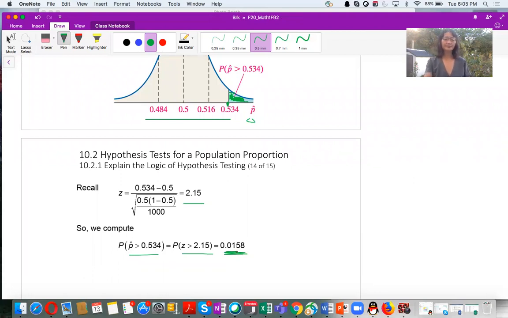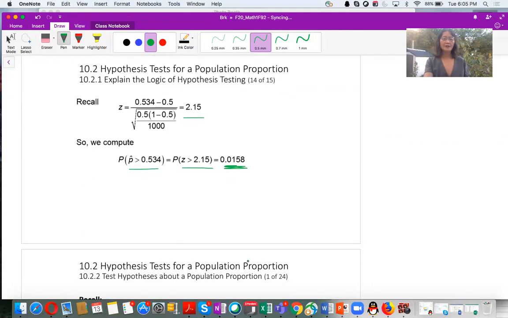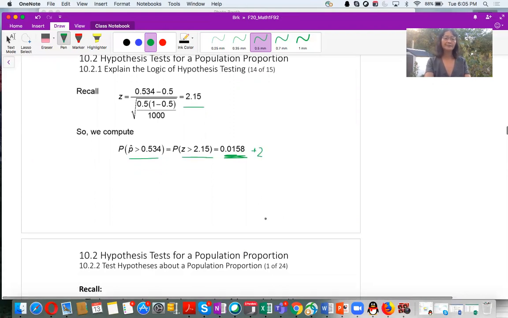So this is the p-value. Again, when the test is one-tailed, this is the p-value. When the test is two-tailed, you have to multiply this number by 2, and the result is the p-value.